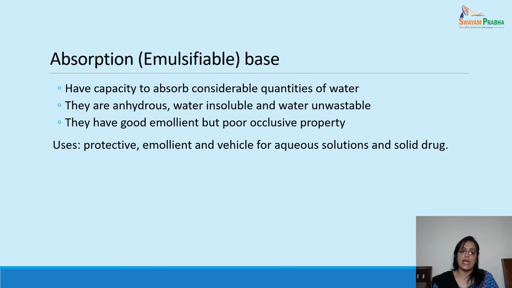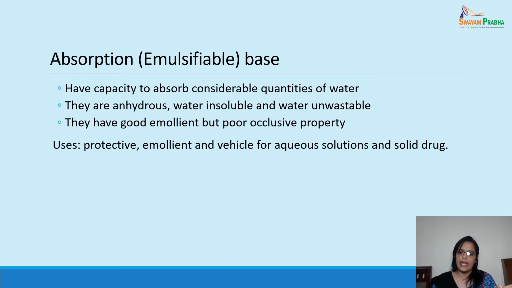Second is absorption or emulsified bases. They have the capacity to absorb a good quantity of water or aqueous solution, and it turns into what? A water in oil emulsion without any change in its consistency.